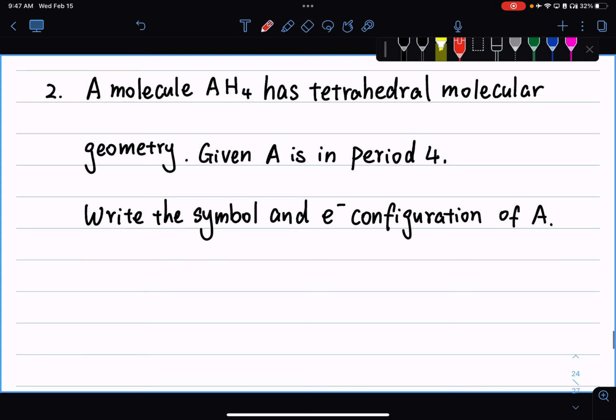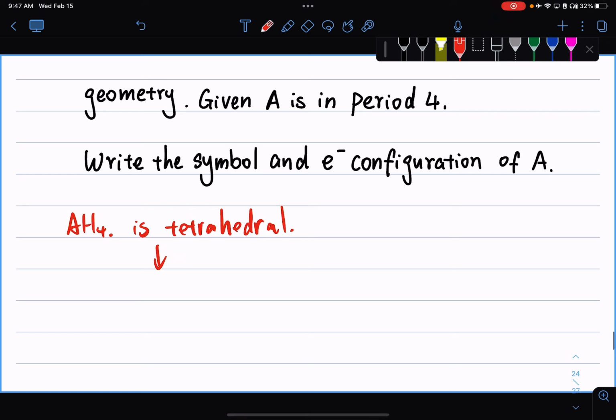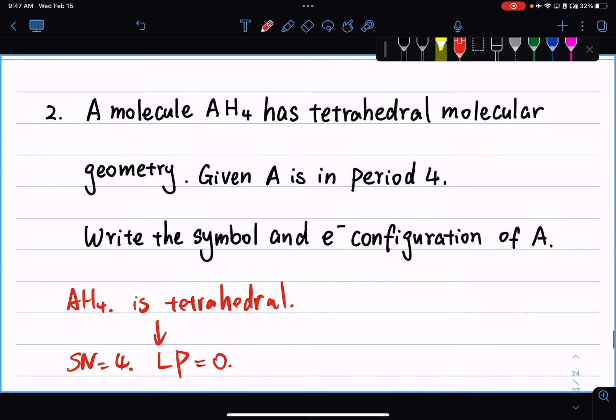So the logic flow is: AH4 is tetrahedral. You read the table, right? This is our tetrahedral molecular geometry. And what you can derive is steric number equals 4, lone pair equals 0. What it means is that the element is making 4 single bonds with the 4 hydrogens.